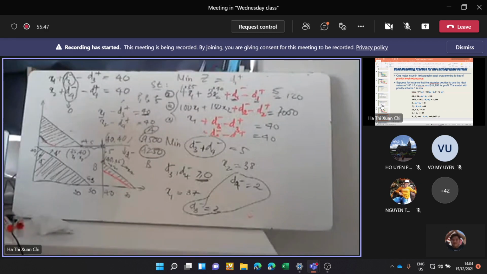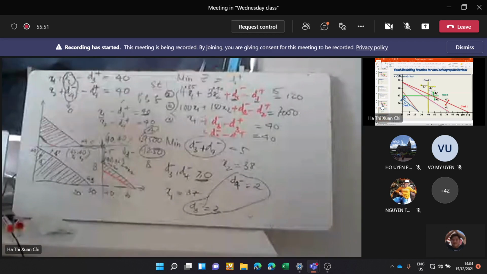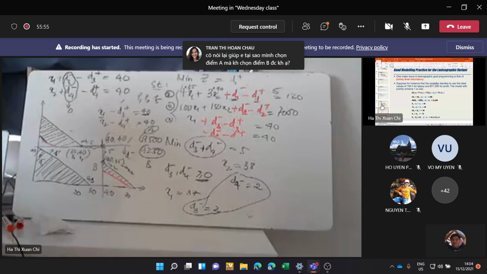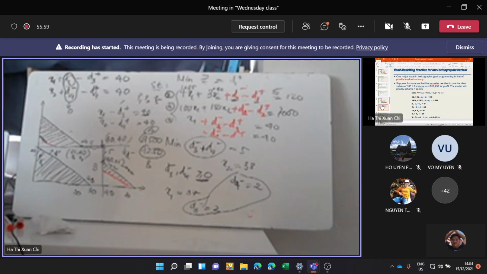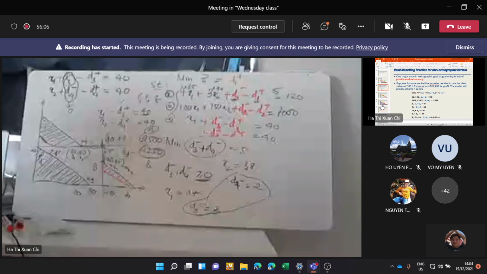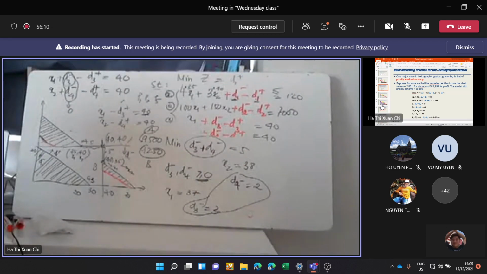Okay, that we call analysis. Analysis, when you swap the goal. Everyone, when you change the right hand side here, the solution can also be changed.